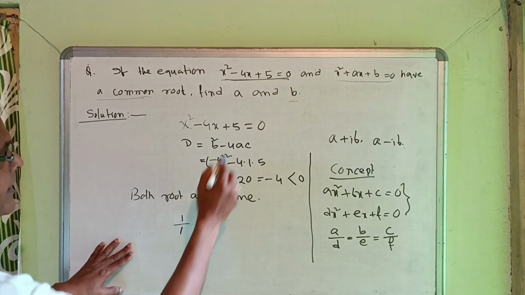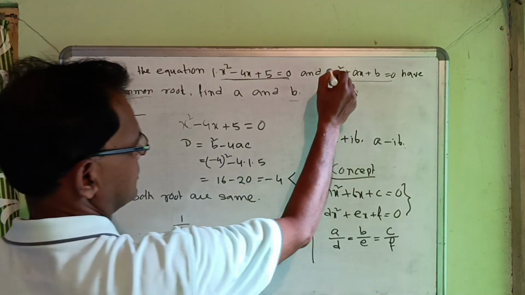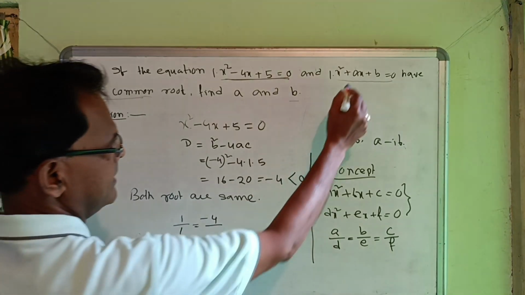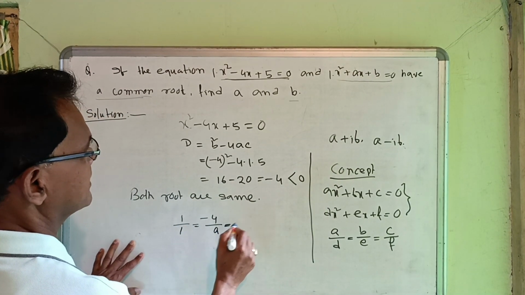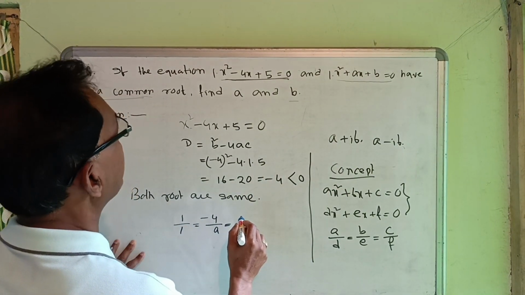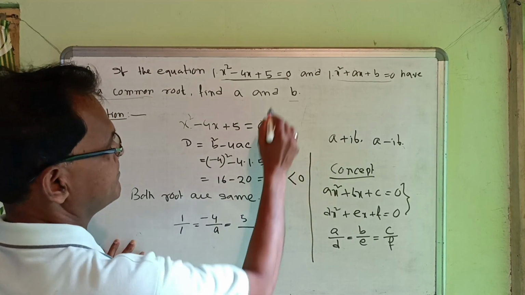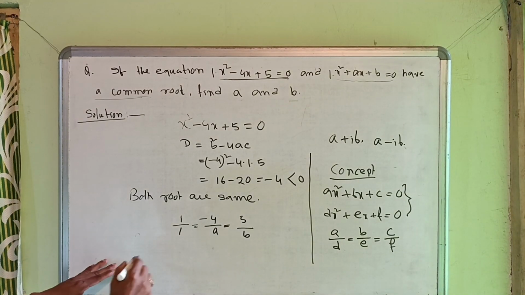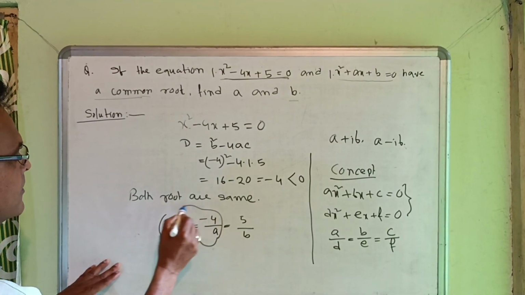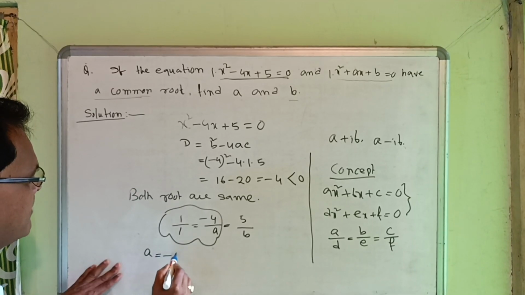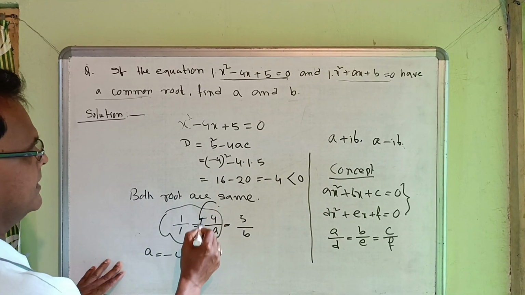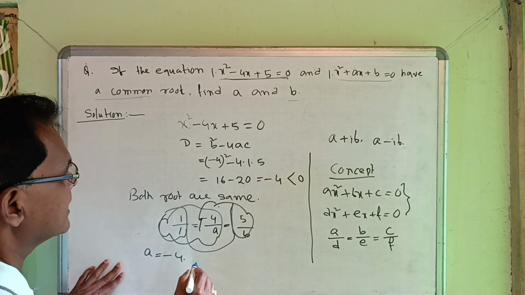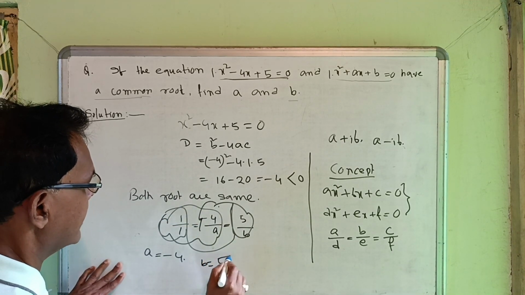Applying this concept to the two equations, we get 1 by 1, equal to minus 4 by a, equal to 5 by b. From this, we get a equal to minus 4, and b equal to 5.